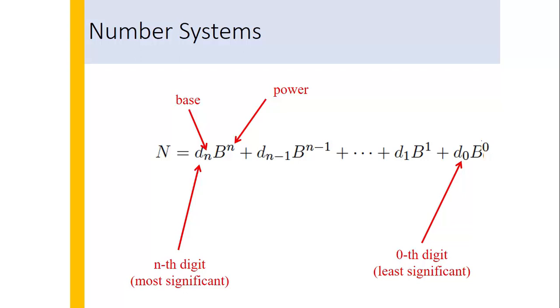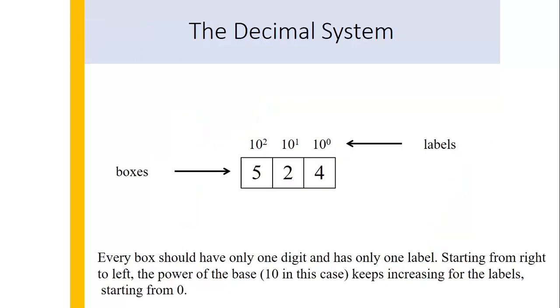Any number in any number system, be it octal, hexadecimal, base 5 or binary, we can convert back to decimal using this equation, to get capital N, which will be a decimal number. Let's see how we can do this.